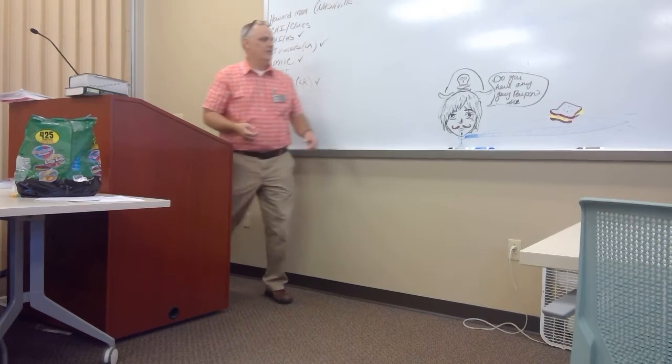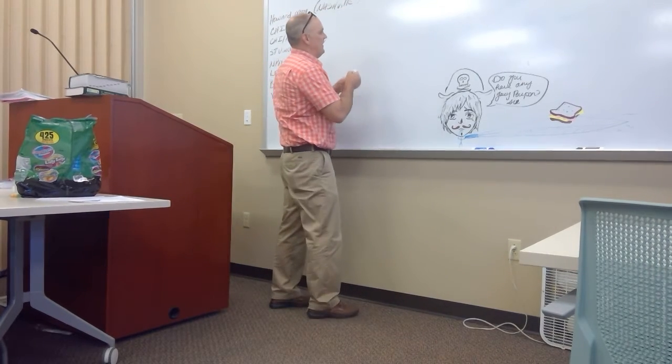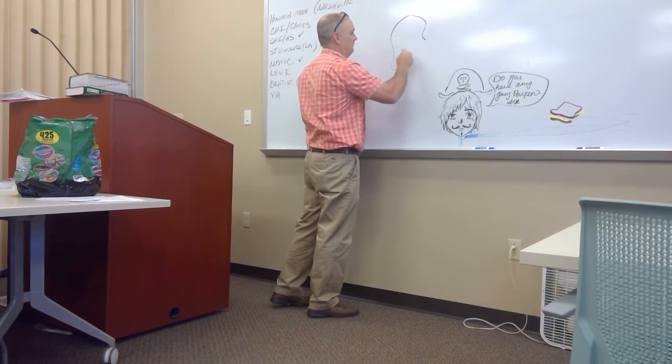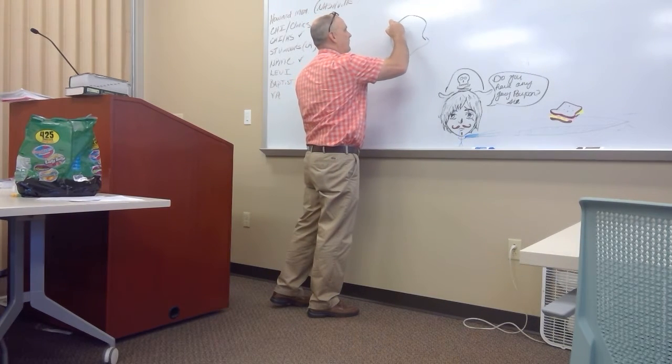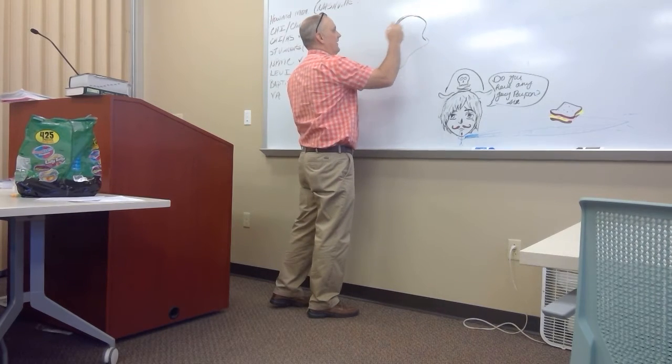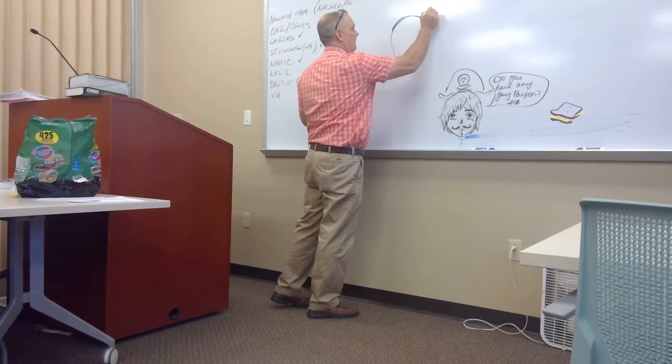So I want you to think of it like, let's just say that this is my lung, okay? There's a membrane right here on the outer layer of the lung itself. That's called the visceral, okay?